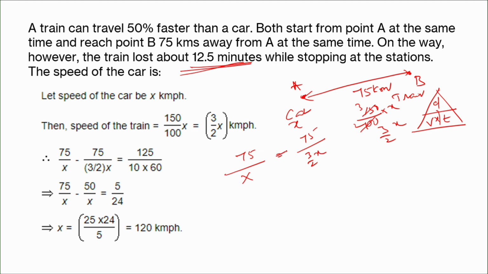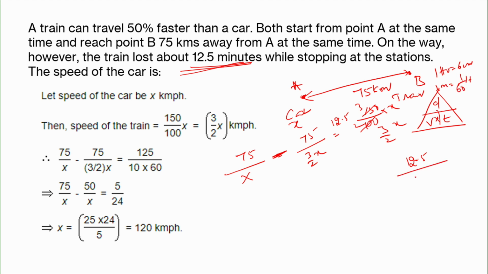The difference between these two is how much? 12.5 minutes. So you have to convert 12.5 minutes into hours. 1 hour is equal to 60 minutes, so 1 minute is equal to 1 by 60 hours.